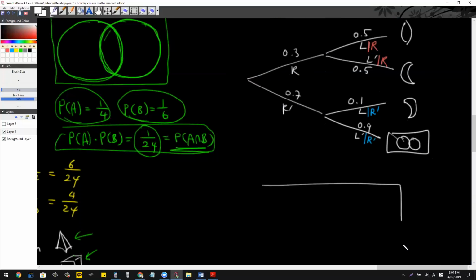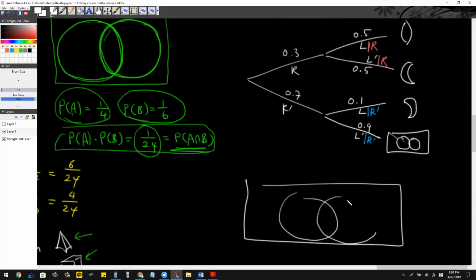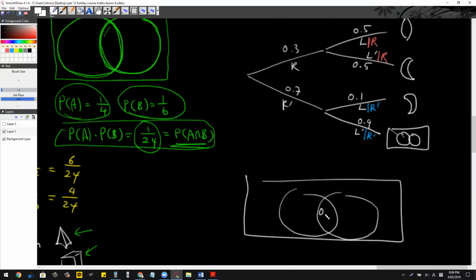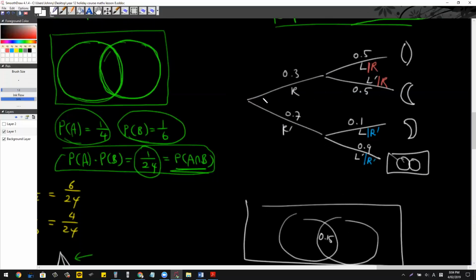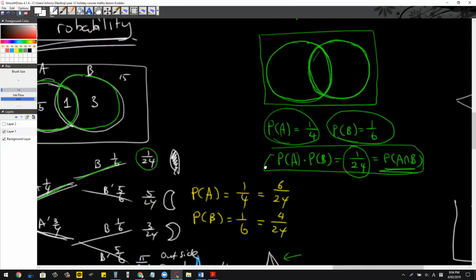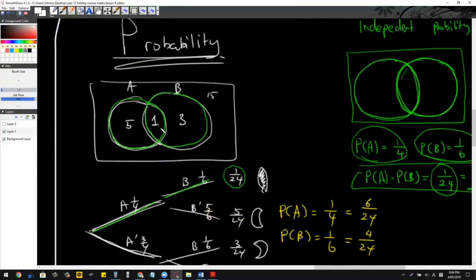So we're going to fill all these things in. So that's equal to 0.15, right? 0.15. And this one and this one is 0.15 also. I'm not counting how many numbers go there.